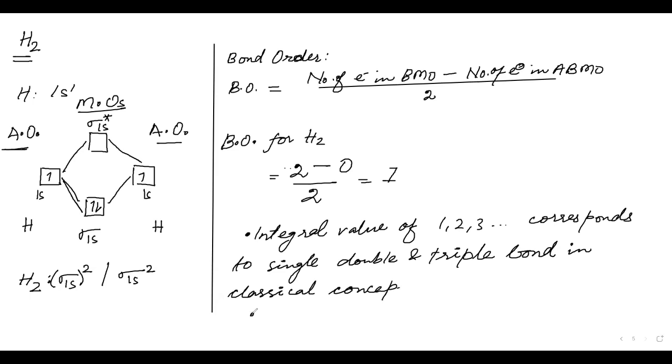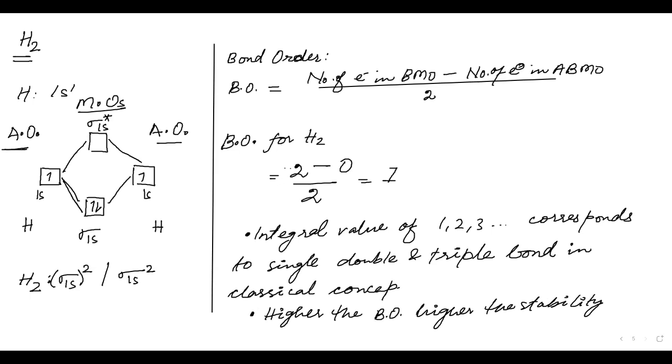The thing is, the higher the bond order, the higher the stability. Because the bond order is telling how many electrons are present in the bonding molecular orbital.